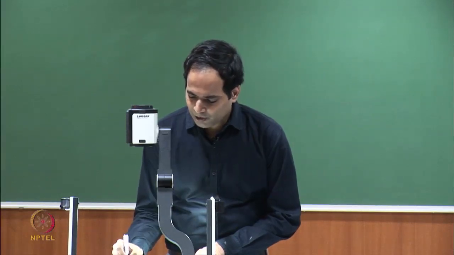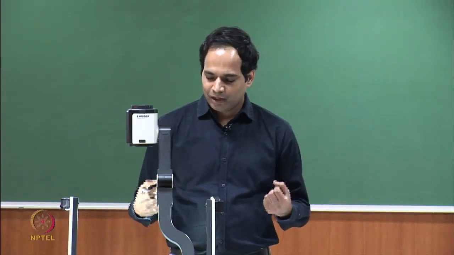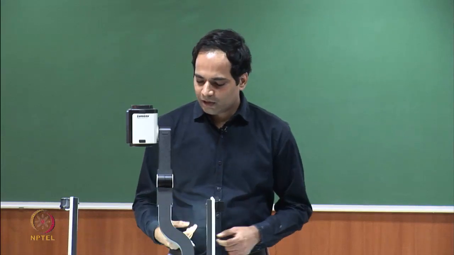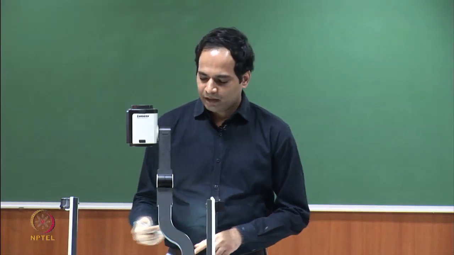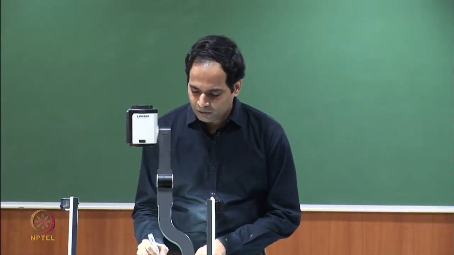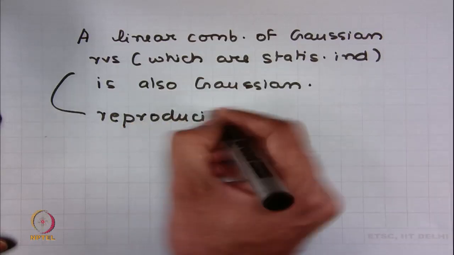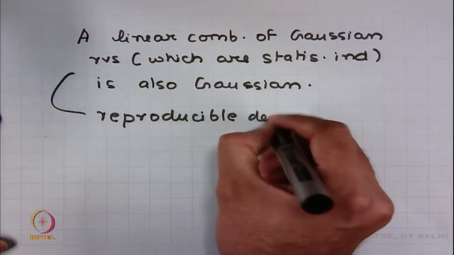This is very interesting: if you take statistically independent Gaussian random variables, sum them up, make a linear combination out of them, the resultant random variable is still Gaussian. The density functions which show this behavior are known as reproducible density functions.